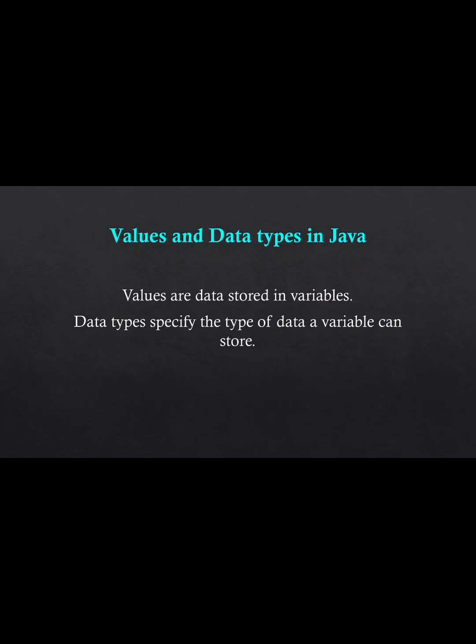Now, there is also another part of a variable: whatever name is given to the variable, it is the name given to the allocated memory. For example, suppose I want to store a value 10 inside the computer's memory.